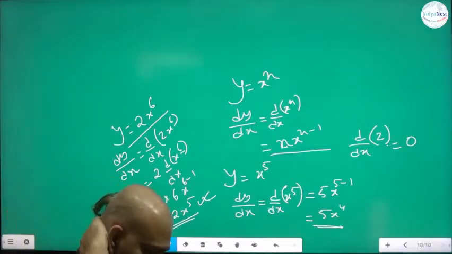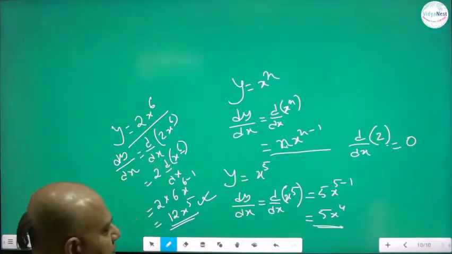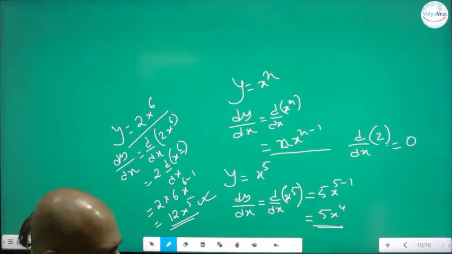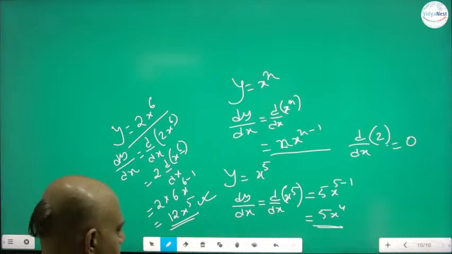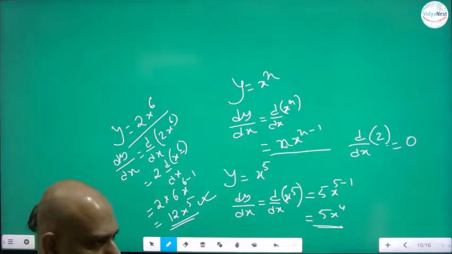Now see, suppose some multiples, okay, write these things down. Noted? Very good.